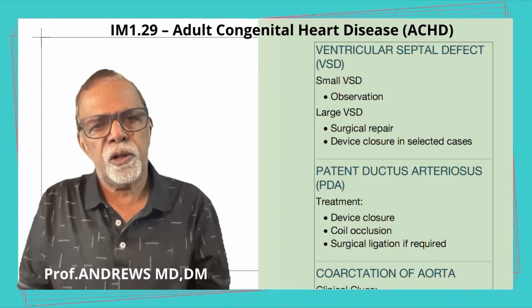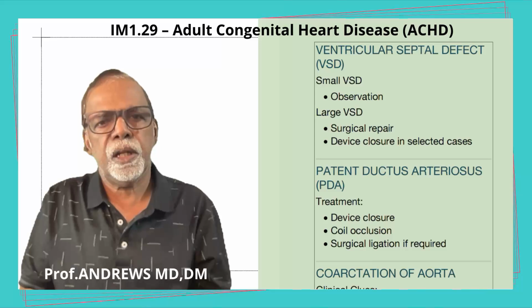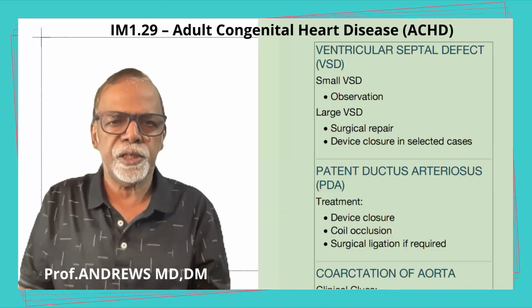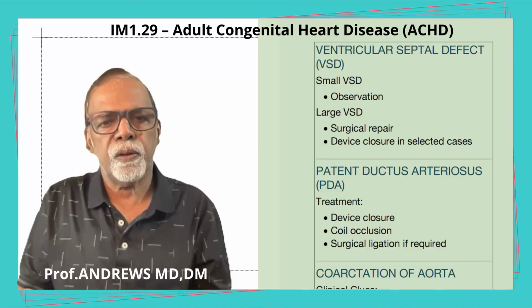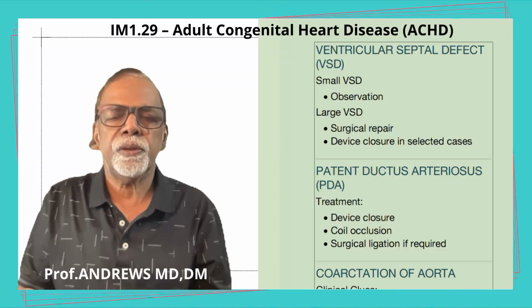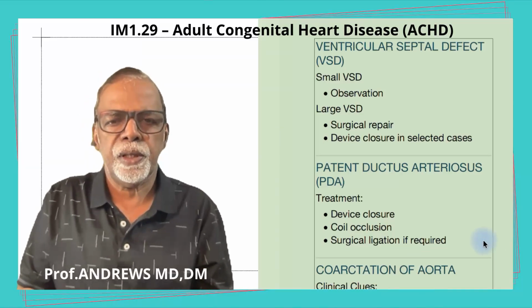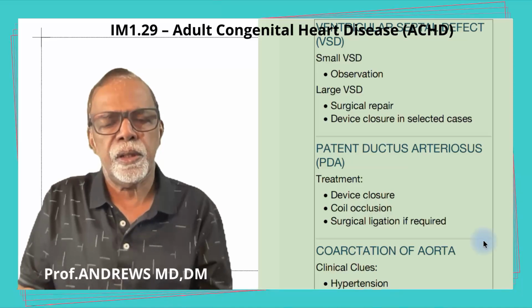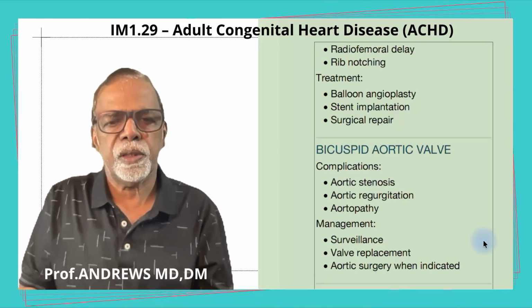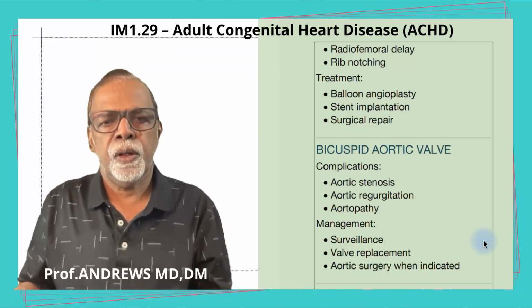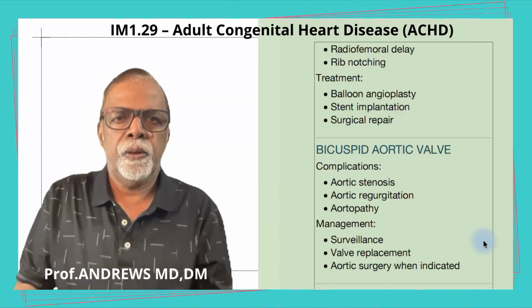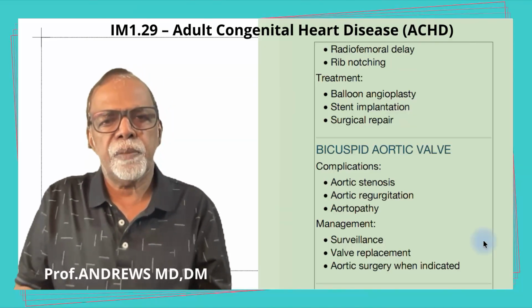In ventricular septal defect: small VSD, observation; large VSD, surgical repair, with device-based closure in selected cases. PDA: again closure, coil occlusion, surgical ligation if required. Coarctation of aorta: again the management depends upon clinical clues like hypertension, radiofemoral delay, rib notching.